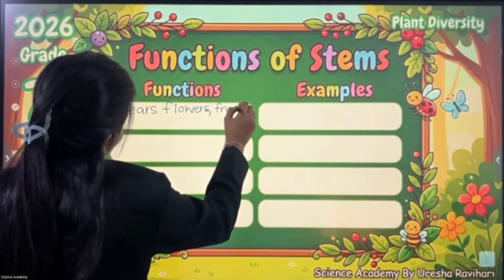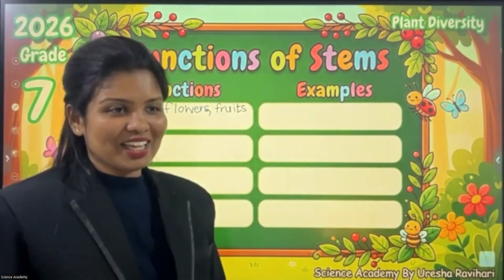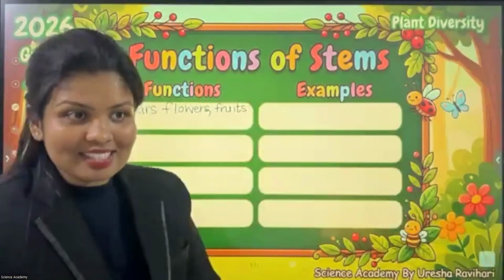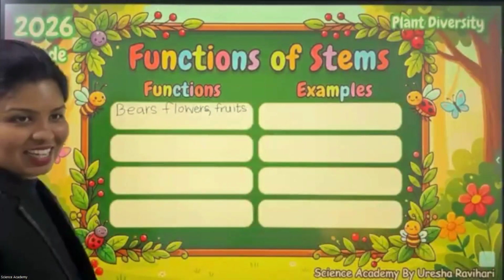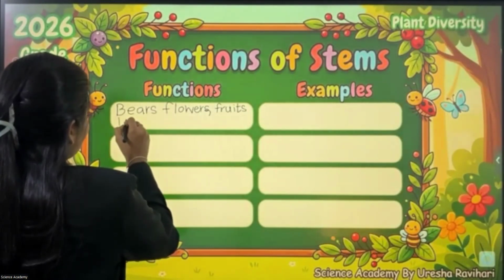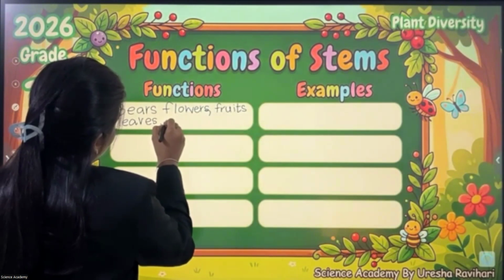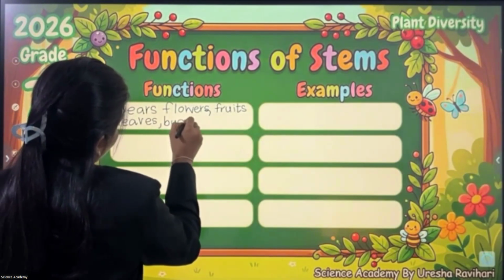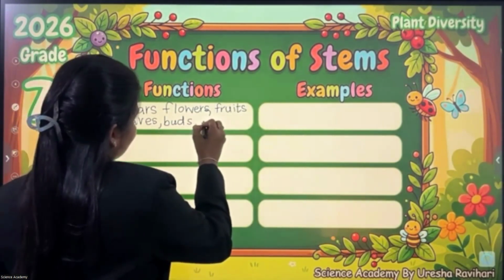Yes, that is your answer, it is correct. That is also one of the functions. In the next point, we'll discuss it. Good. Flowers, fruits, leaves, buds, seeds.